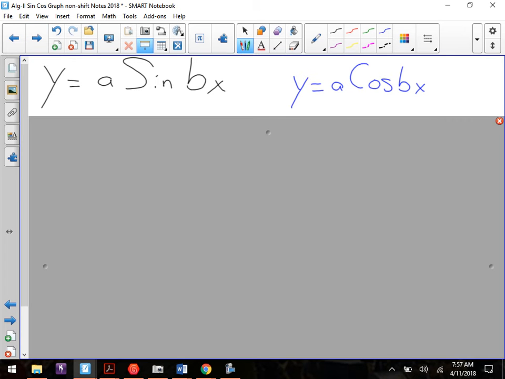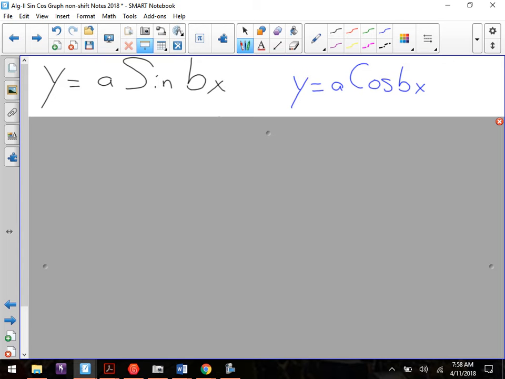We're going to use this as what are called parent functions for today. y = a sin(bx) and y = a cos(bx). And these values of a and b mean something. They will have specific meanings.